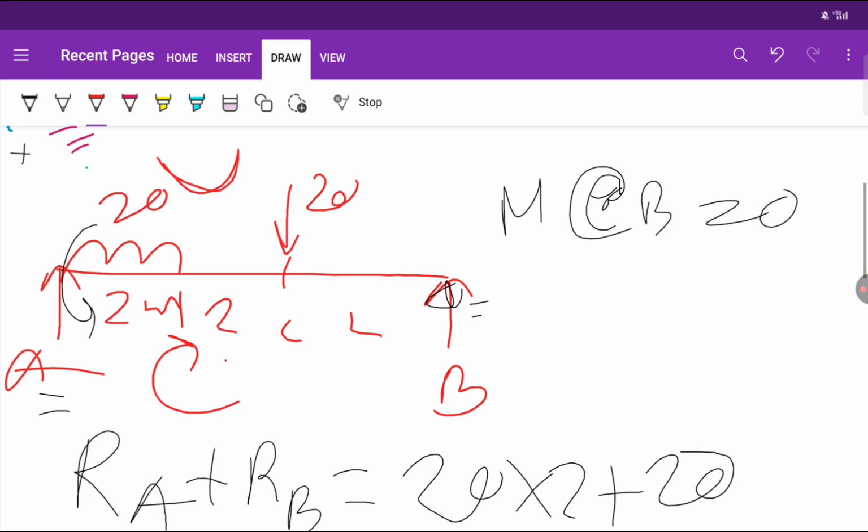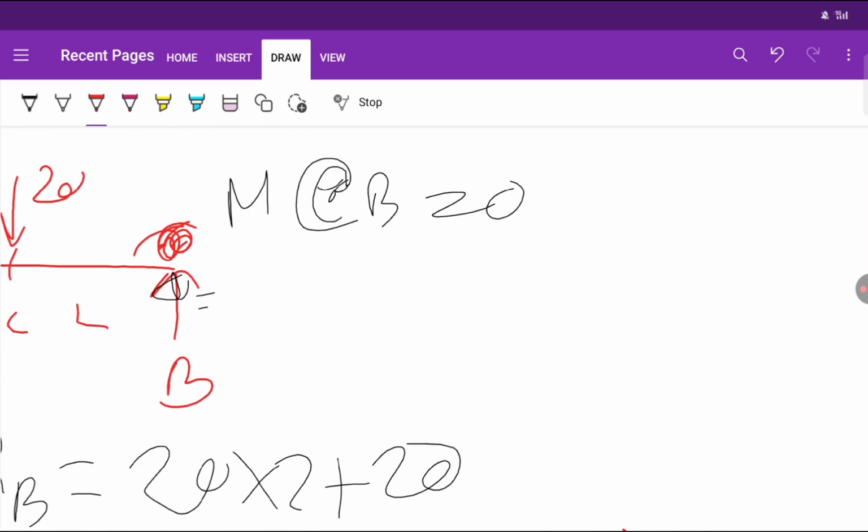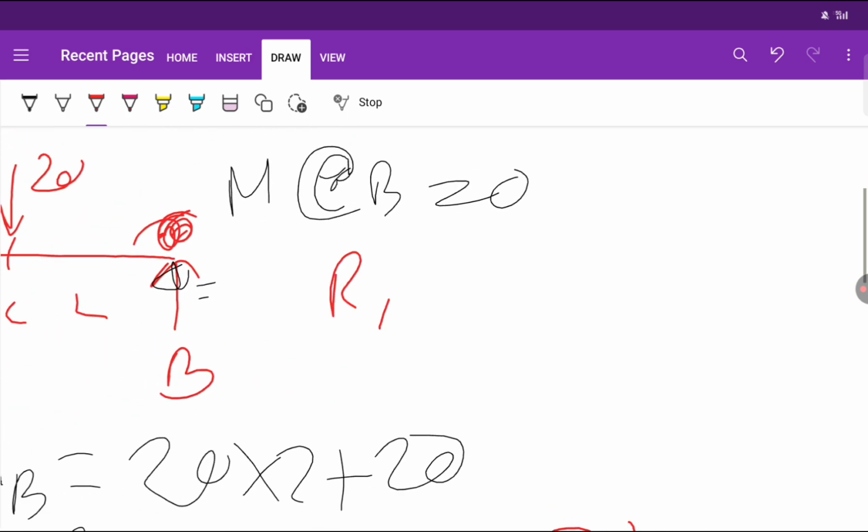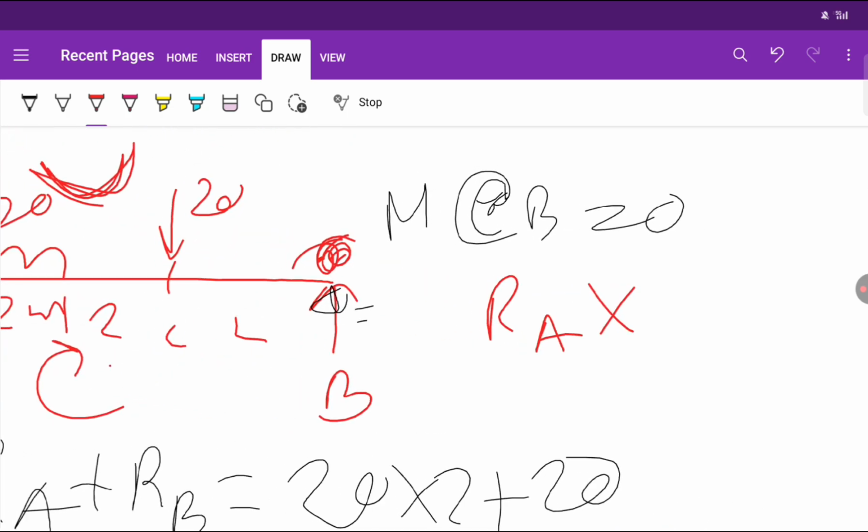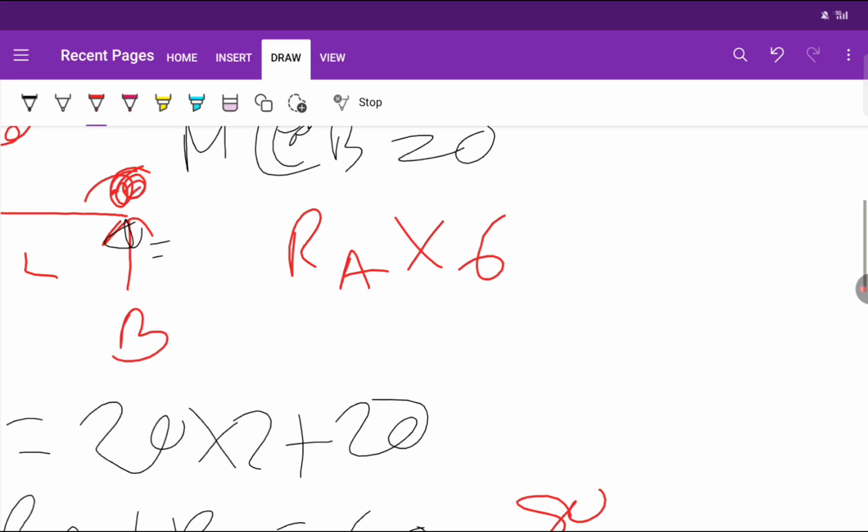If I place a thumb here and rotate the remaining fingers, it gives a clockwise or sagging moment. We know that sagging moment is positive. So that is RA into how much distance? 2 plus 2 plus 2, that is 6.